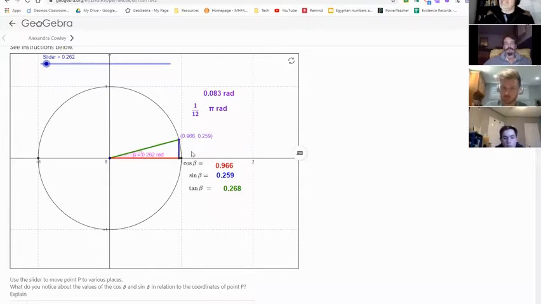And the same idea now for the sine. The sine is the opposite, which would be the blue line, divided by the hypotenuse, which now we know is 1. So that tells me the point that I have here, the y value of my point, is equivalent to the sine. How cool is that?